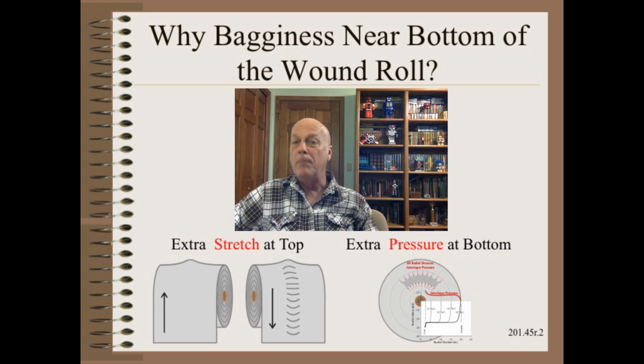It is this combined stress that may take a material into yield. If it yields at the top, it is mostly due to extra stretching at the gauge band. If it yields near the bottom, it is mostly due to extra pressure at the gauge band. If in the middle, a little of both.